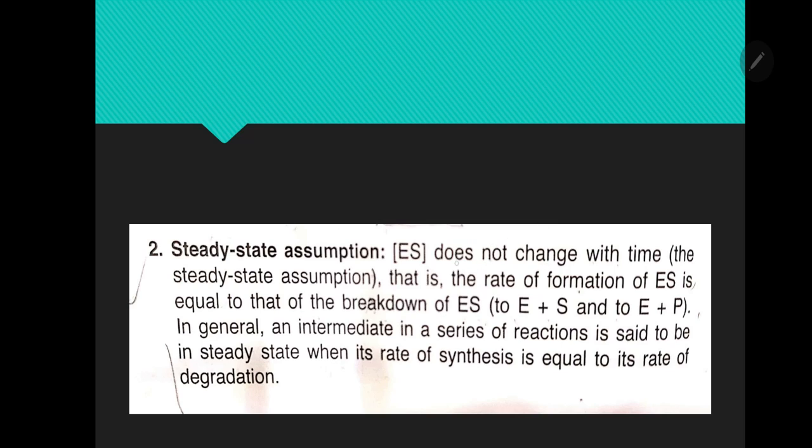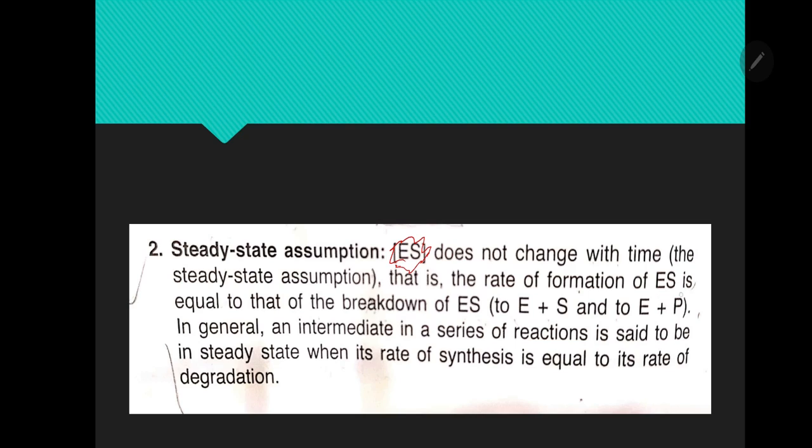It says here that the ES, the enzyme-substrate complex, does not change with time. This is the steady state assumption.